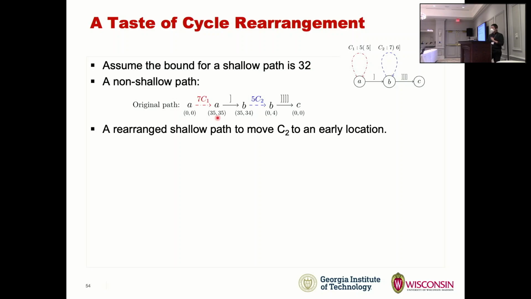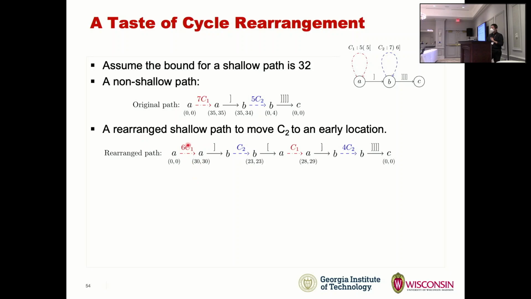But as I mentioned, due to this special bidirected setting, we can go back and forth between A and B, which makes things more interesting. Let's see a slightly rearranged path. Instead of going through the first cycle 7 times, which exceeds the threshold that we will not bound, we go through this cycle 6 times.